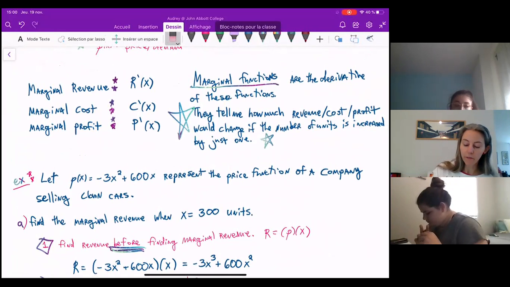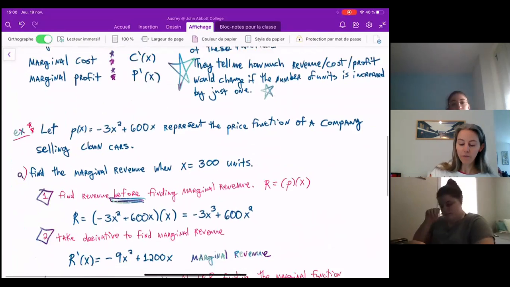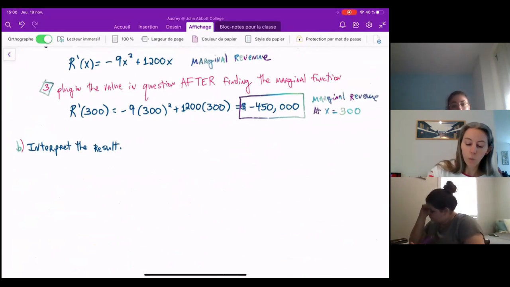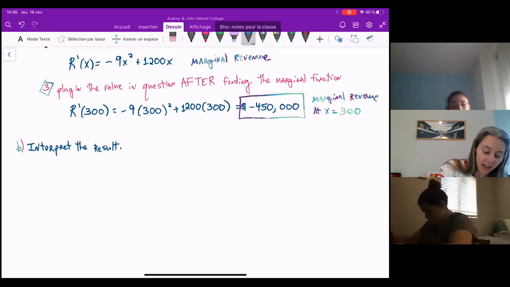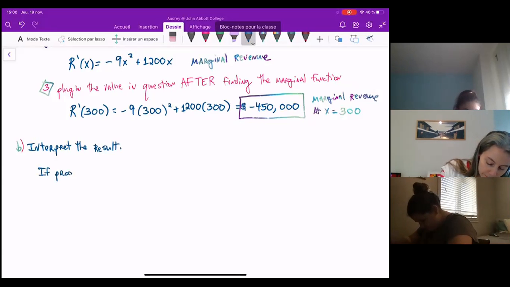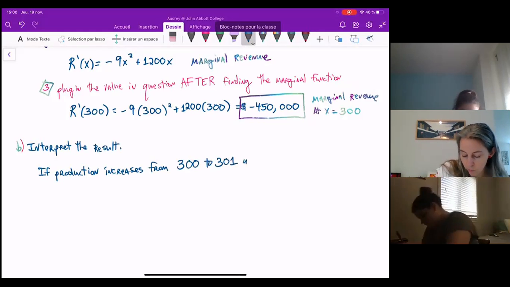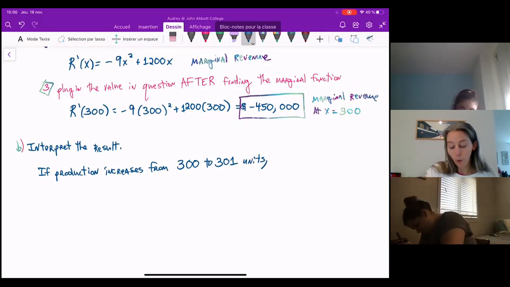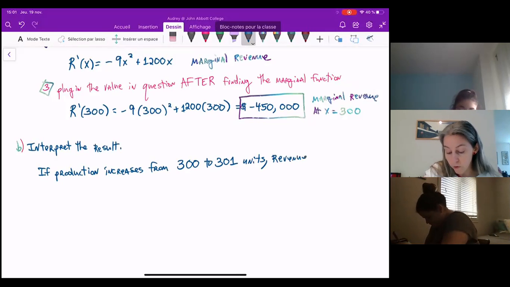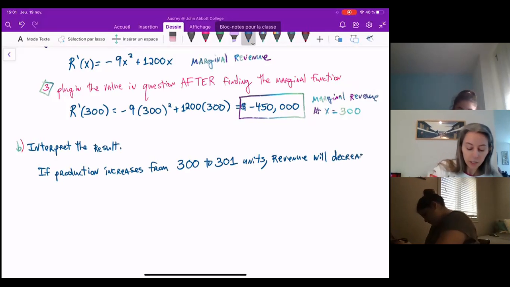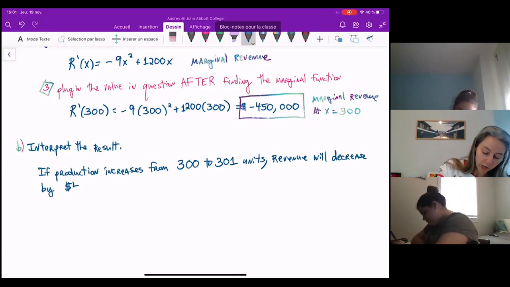So marginal revenue at 300 is negative 450,000. What this result means is that if production increases from 300 to 301 units, revenue itself, not marginal revenue, but revenue itself, will decrease, because it's negative, by 450,000.